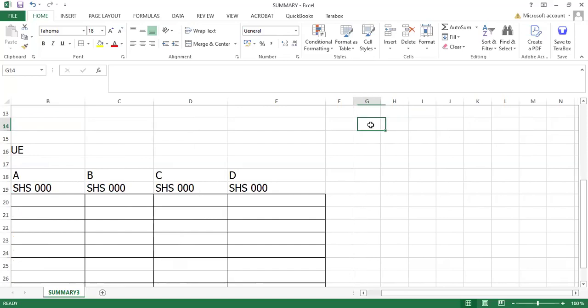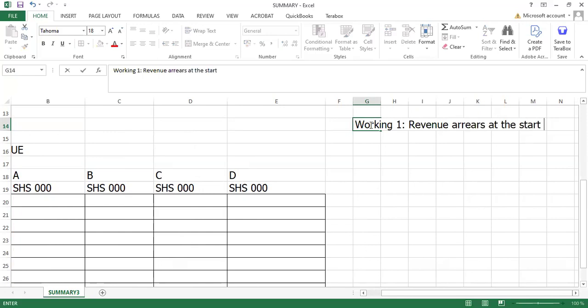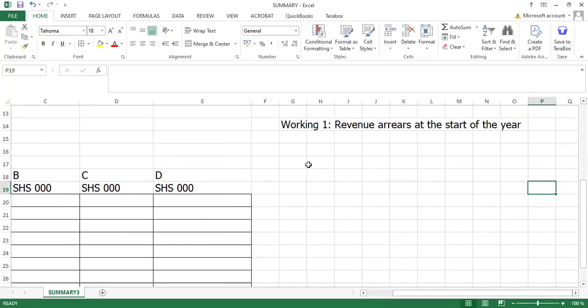So this is, let's say, working one, and I want to simply determine the revenue arrears at the start of the year. And what am I going to do?